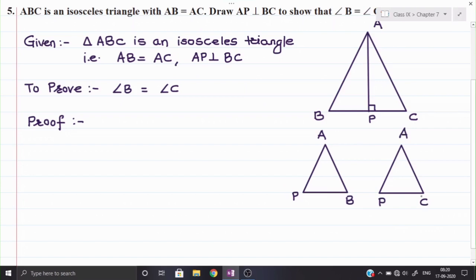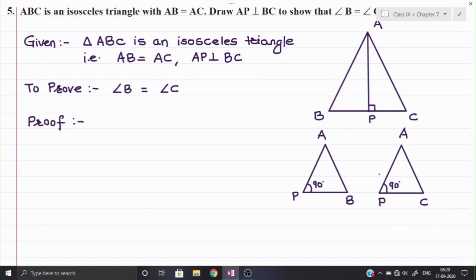Okay, now first of all observe angle APB is equal to 90 degrees and angle APC is also 90 degrees, right? Second thing you observe, AP and AP is common. Okay, that we shall discuss at last. First of all, we shall discuss which theorem is applicable.